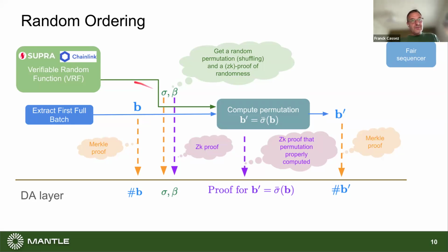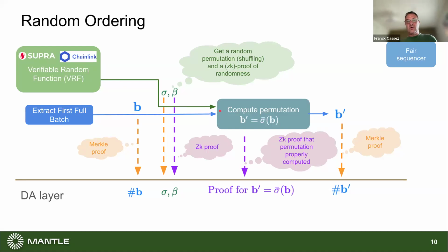And the nice thing is that this random permutation comes along with a zero knowledge proof, or a proof of randomness, the proof that you have computed the permutation using a given random function. So it's called a verifiable random function. So what we do is we extract a batch. We've got a sequence. We've got a random function that describes the permutation of the transactions.